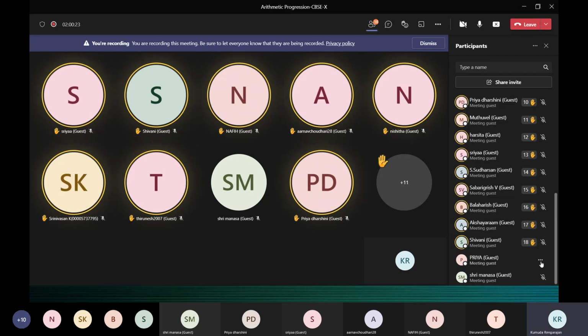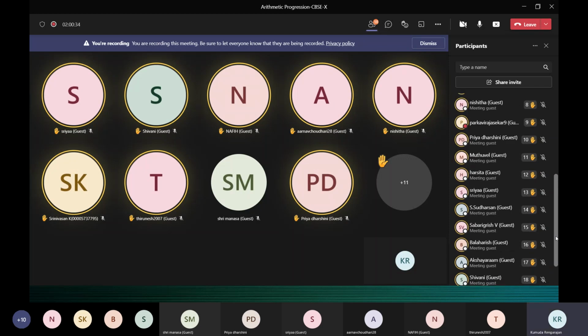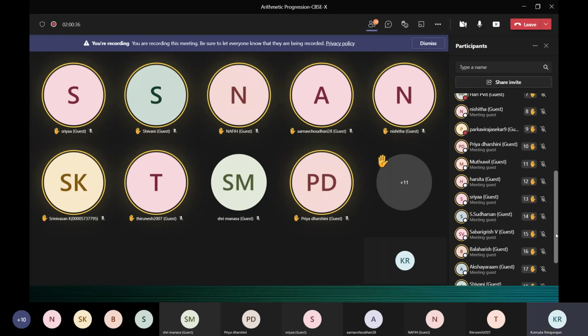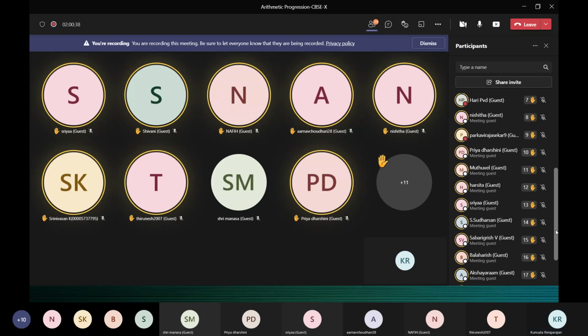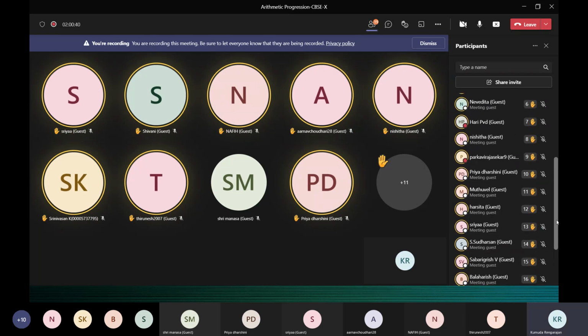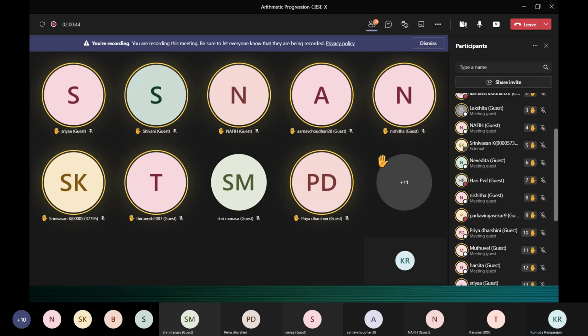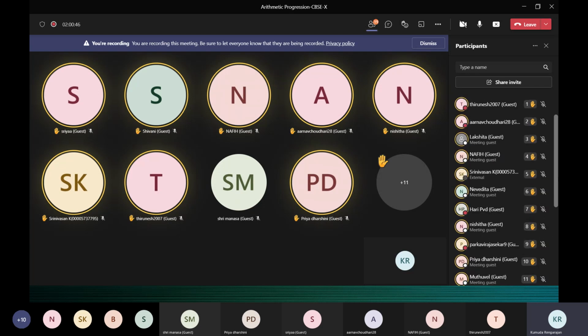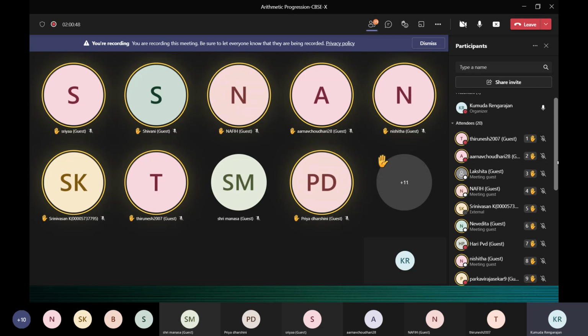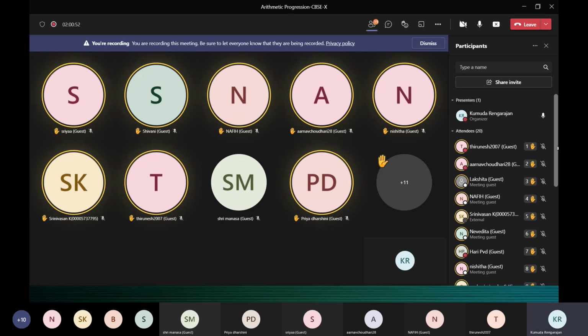So Manasa, I hope she's attentive. Priya, I hope you're also attentive. You've not raised your hand, both of you. Shivani, Akshay-Ram, Bala Harish, Shabarigrish, Sudarshan, Shriya, Harshita, Muttuvel, Priyadarshini, Parkavi, Nishita, Hariharan, Nivedita, Srinivasan, Nafi, Lakshita, Arnav and Thirunesh.